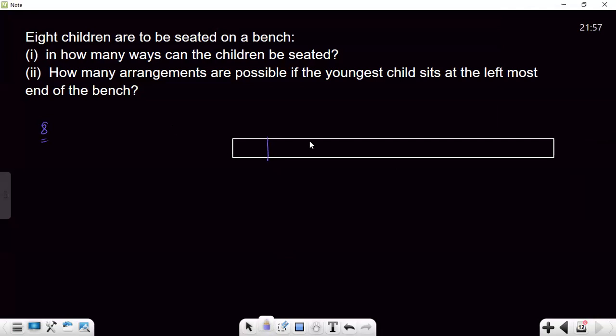So this is the first place, second place, third place, fourth place, fifth place, sixth place, seventh place, and this is the eighth place. 1, 2, 3, 4, 5, 6, 7, 8. 8 places are there. Basically, a bench does not have any segregation, but we are just assuming that there are 8 places.